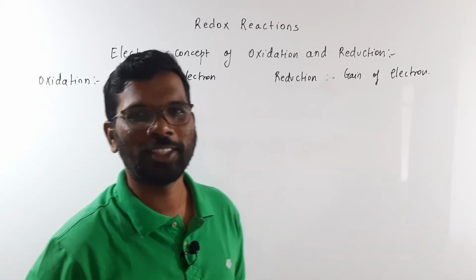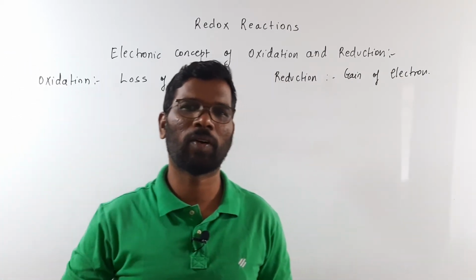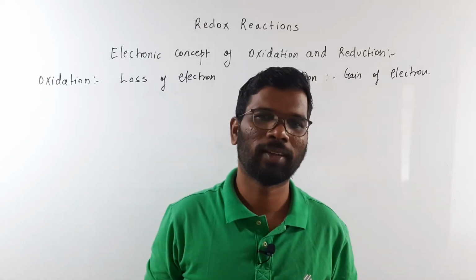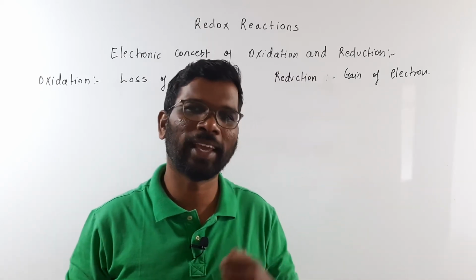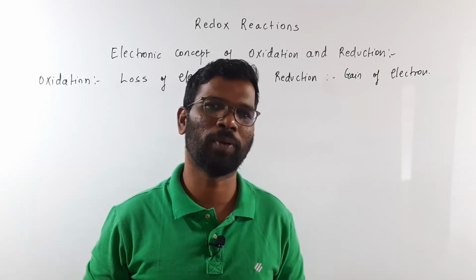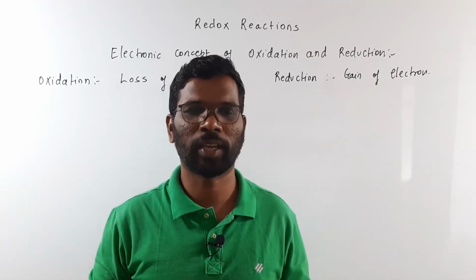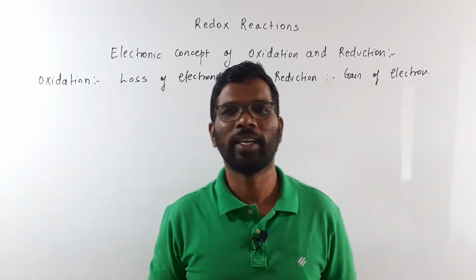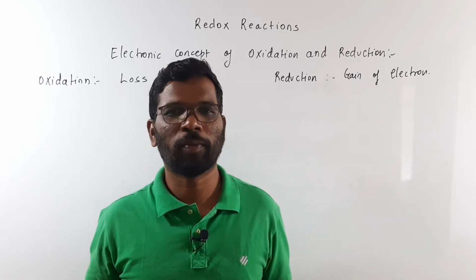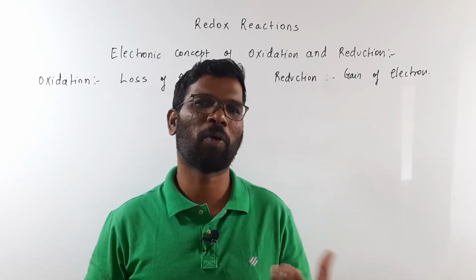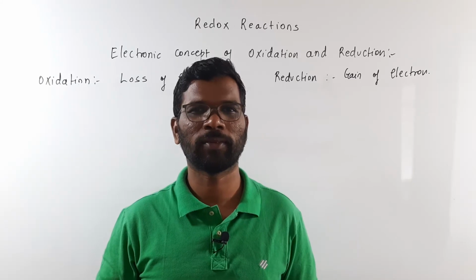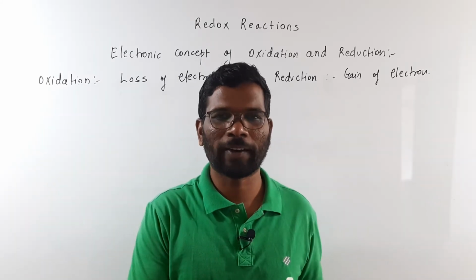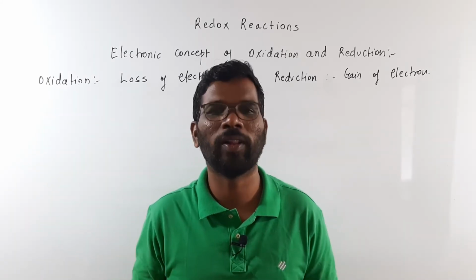Now the question arises, why do elements or atoms lose their electrons, or why do they gain electrons? The reason is simple. If any chemical reaction is happening, it means there is a breaking of bonds. Breaking of bonds means what? Bond means a pair of electrons. It is a transfer of electrons or sharing of electrons. Why do all these things happen?